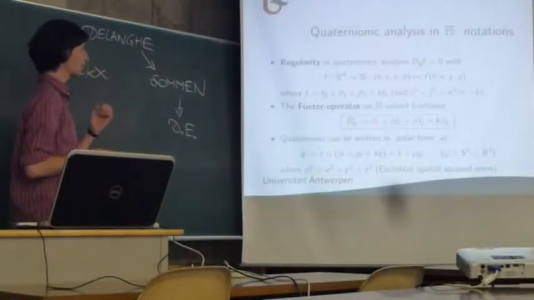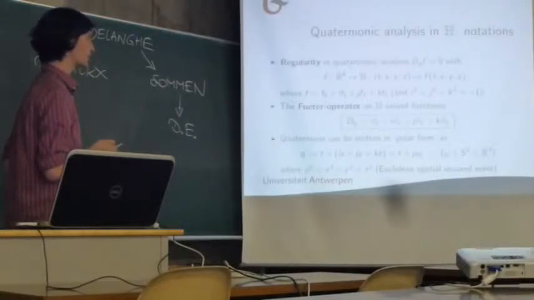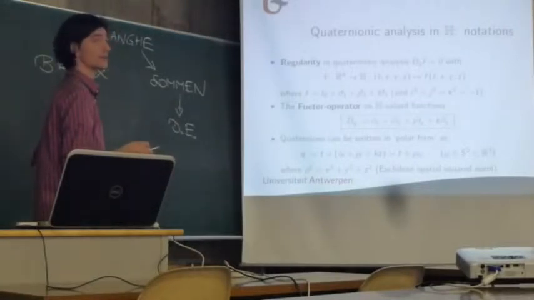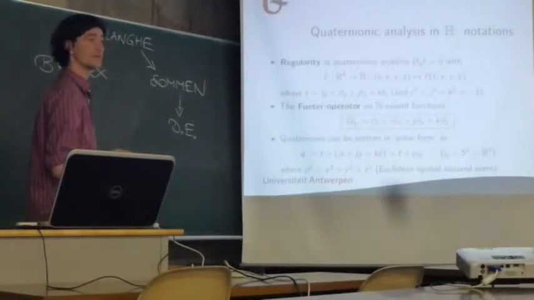So there is a very important notion in quaternion analysis, and that is regularity. Regularity basically says that the function that you are describing is a solution for a specific operator, the operator DQ. What is the operator DQ? I wrote it down here. So partial t, x, y, and z, those are just partial derivatives.